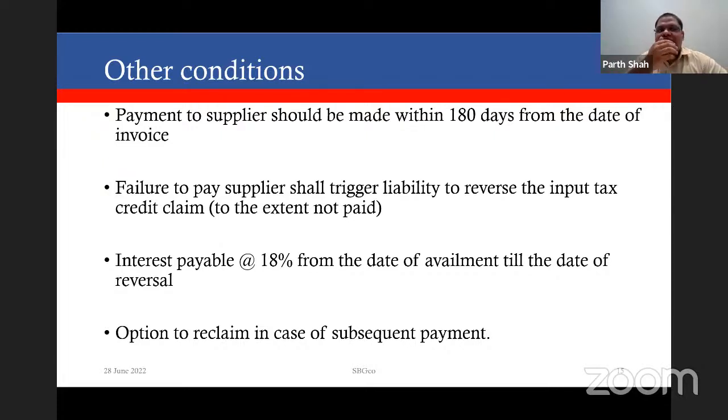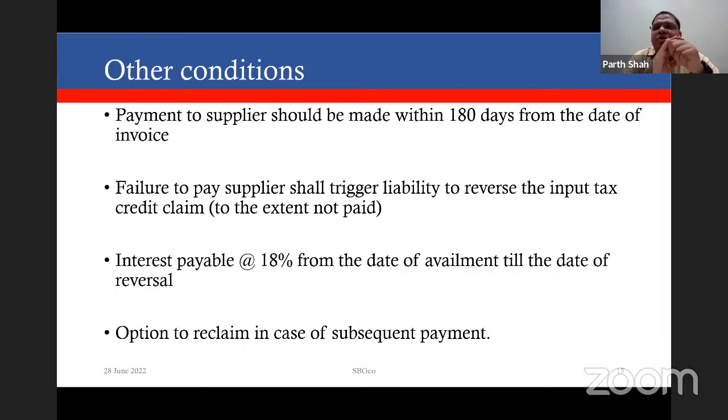How to calculate? Now there can be cases where I have an invoice dated 1st January 2022. The 6 month period ends on 30th June 2022. So if I have not paid the vendor by 30th June 2022, while filing my June 2022 return, I will reverse the credit, provided I have claimed the credit. That's the first condition you need to ensure.